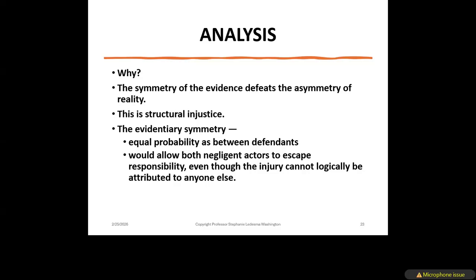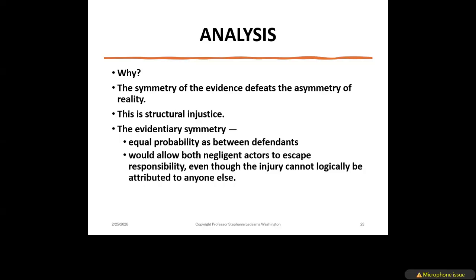The symmetry of the evidence, what's that? The 50-50 split defeats the asymmetry of reality. The symmetry of the evidence, the 50-50 split between one of these two, defeats the asymmetry of the reality, which is the harm, right? And that's what we mean when we speak of structural injustice.